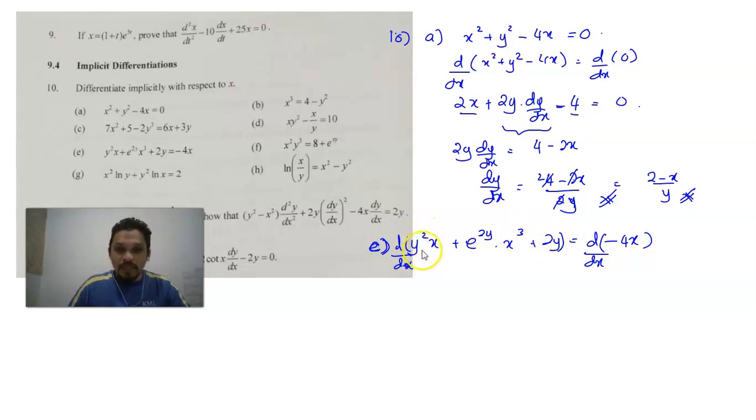For y squared x, there are two terms, y squared and x.